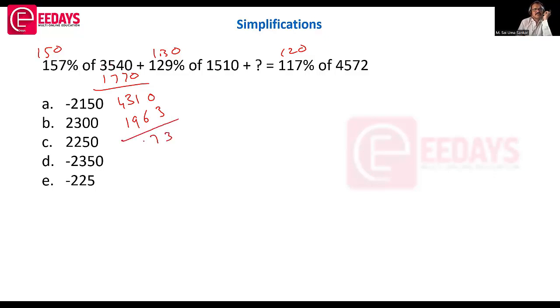This is 3, 7, 2, 6. Okay, 120% off. So 4, 5, 7, 2, 4, and this is equal to 4. And next 7, 4, 1, 10 plus 1, 11, 1. This is equal to 9, 4, 6, 8, 4, 5. Okay.